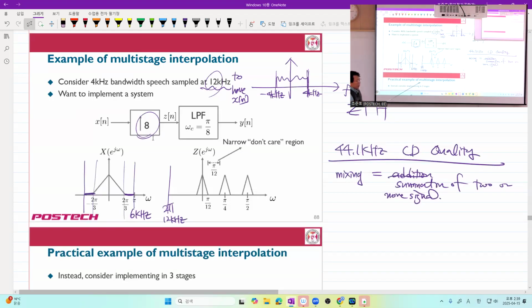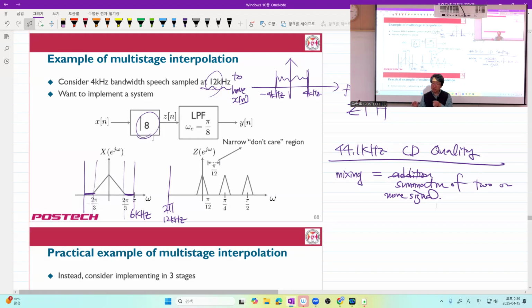And if you have taken my signals and systems course, the last part has some slides related to CD playback, where this multi-rate signal processing is really applied. If you have a CD player, usually these days nobody has CD players. But anyway, what happens is that it is recorded at 44.1 kilohertz.